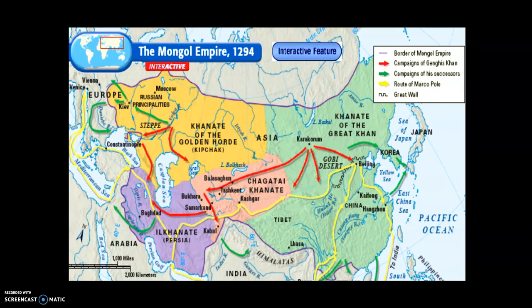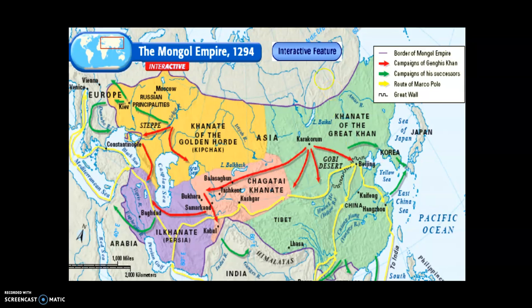Notice the green line that extends through Korea over here. Tries to get into Japan and then from China into Japan, but they never make it. So Japan is never conquered and added to the Mongol Empire. Regardless, the empire grows so large that it's actually divided into 4 pieces.